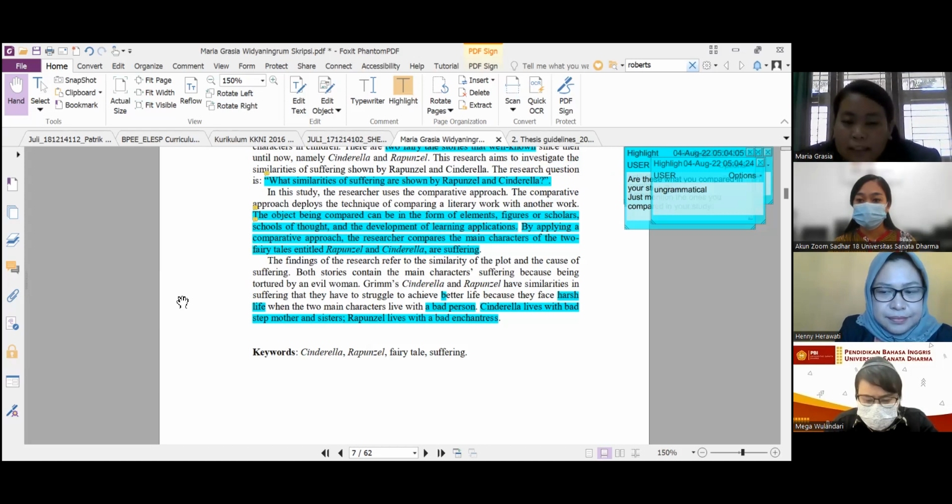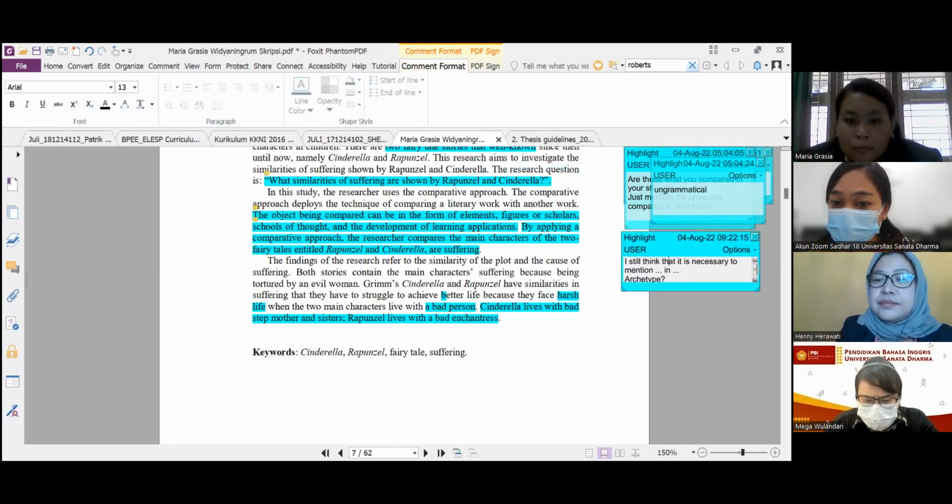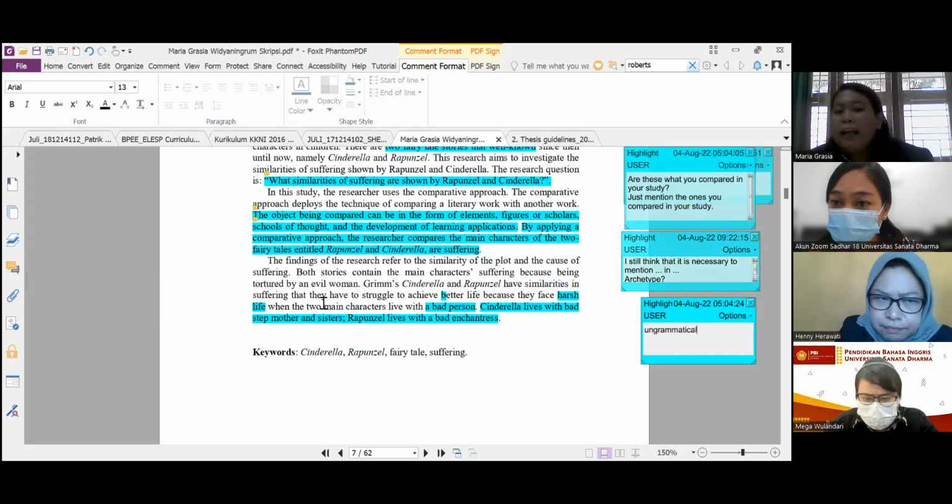The similarities of suffering shown by Rapunzel and Cinderella is the plot and the cause of stories, and because being by an evil woman.